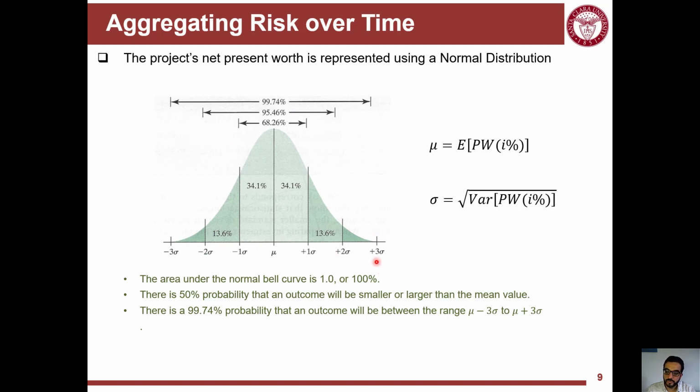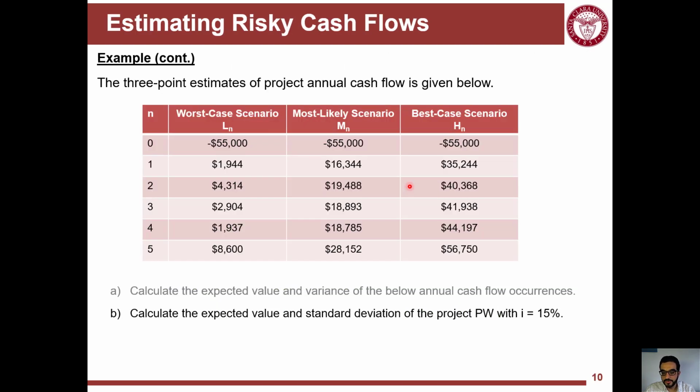And then, of course, if you move to 3 and negative 3 sigma, or standard deviations, you will be almost 100%, 99.74%. So that's a quick review of normal distribution. But now, following the central limit theorem, we have the attributes of a normally distributed probability of the present worth of the project. So let's apply this in this example.